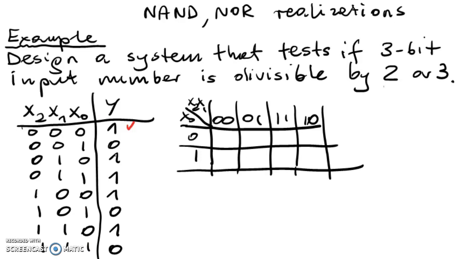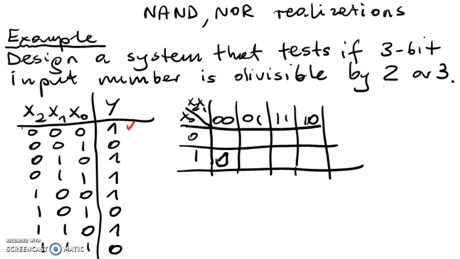So the next step is to derive the Karnaugh map to minimize this. So let's locate only zeros, okay? This will be faster, and then put ones everywhere in the remaining cells. 0, 0, 1, as you can see, x2 is here, x1 is here, 0, 0, 1 is here.